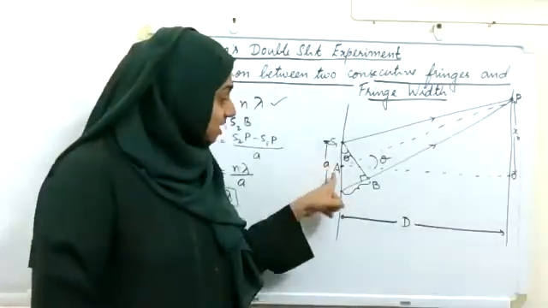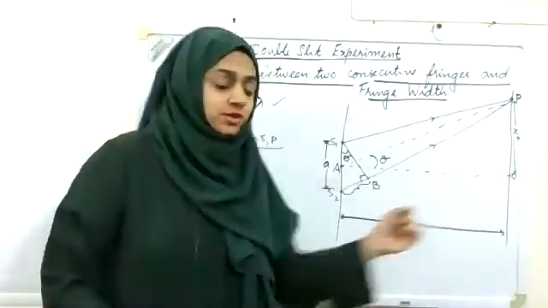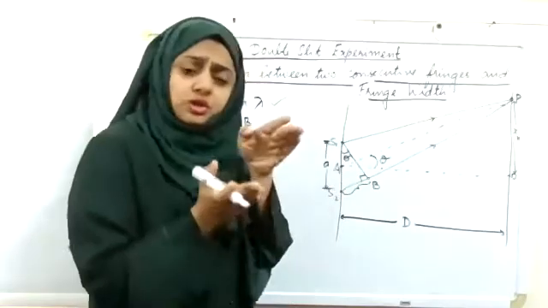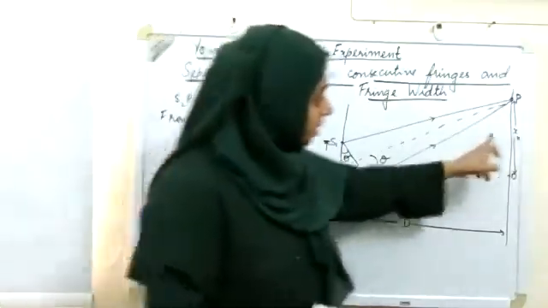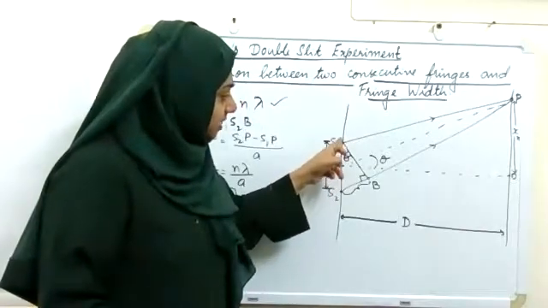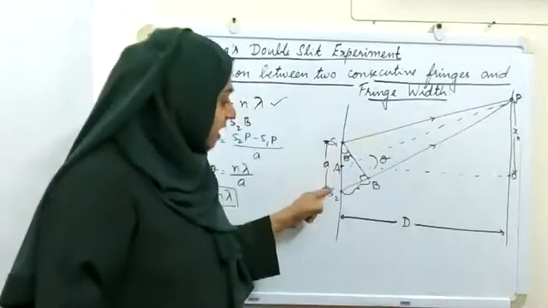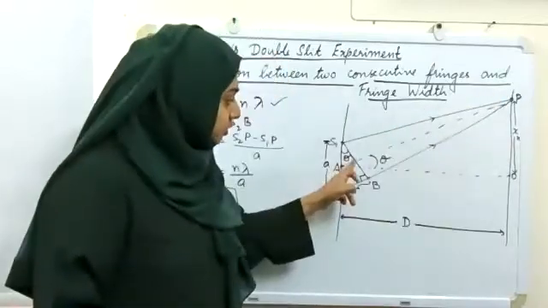So this is around 1,000 times less than this distance. So this distance A is very small and also Xn will be very small. So we can assume that this line is perpendicular to both AP and S2P.